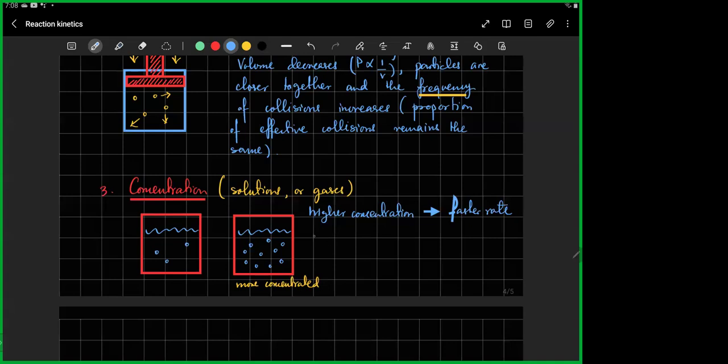Because particles are closer together, and therefore you get more frequent collisions. So the frequency of collisions increases. And remember in this one too, the proportion of effective collisions remains exactly the same. So only the frequency of collisions would increase.